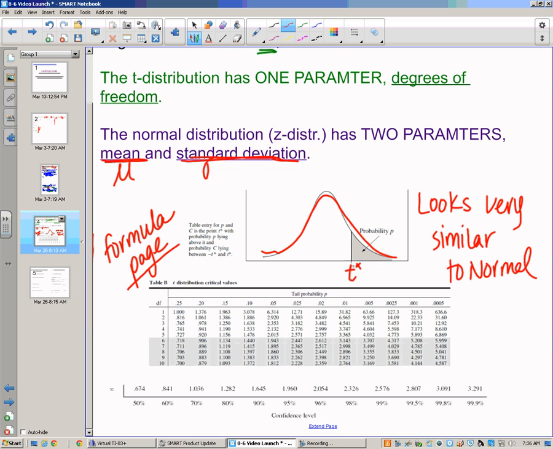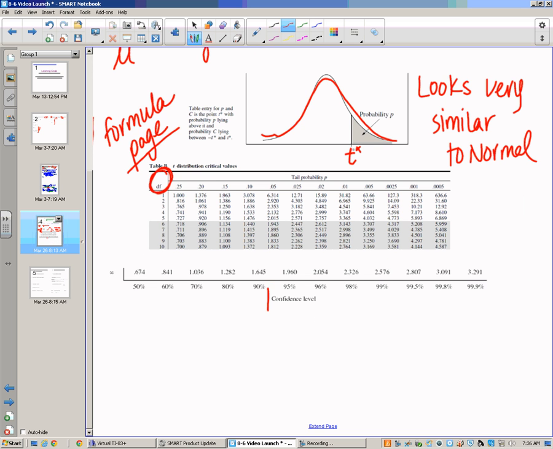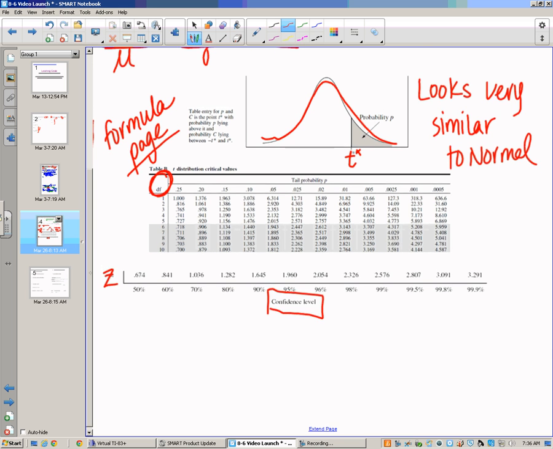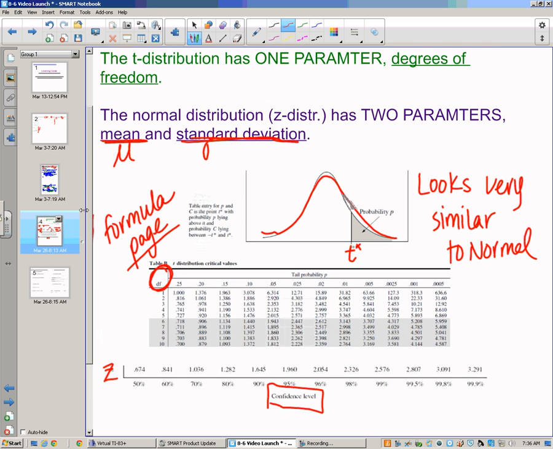It's very, very close to the normal, and it depends on each of these degrees of freedom. Part of this table is also where we had our confidence levels that we used for the Z. So this is on your formula page, and what I want you to see is that this T distribution really has the same shape as the normal distribution, so it works very much the same. What we want to do now is use this T distribution almost like the normal distribution.